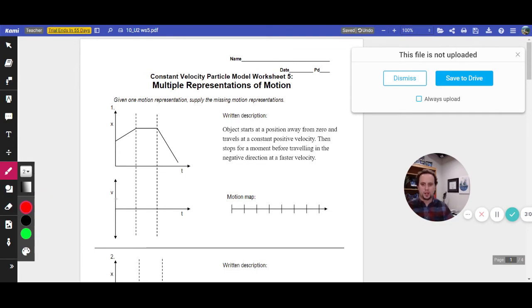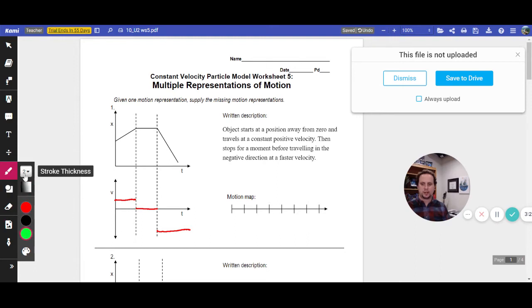This one's not sloped at all. It's a positive velocity. Let me just fix that there. Comes across like that. Then we have a zero slope, zero, and then we have a negative that's more negative than this one was positive. So I'm going to go further down here and put that line in there. So I've got positive, 0, and then I've got more negative.